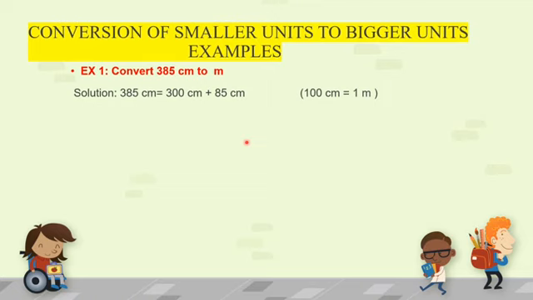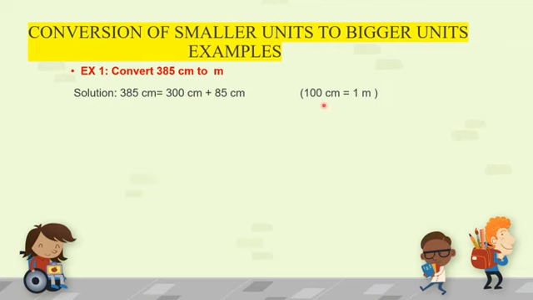How many steps from centimeter to meter are you moving? From millimeter you go to centimeter, then to decimeter, then to meter. That means from centimeter to meter you are taking 2 steps.